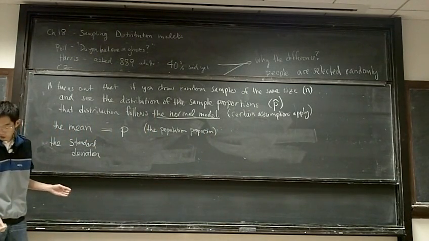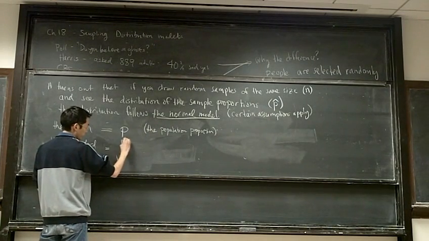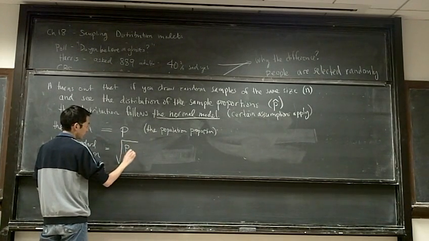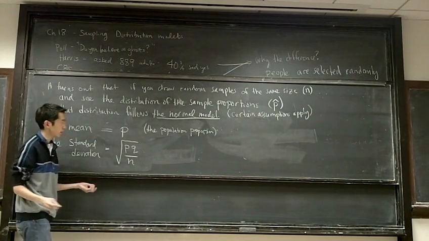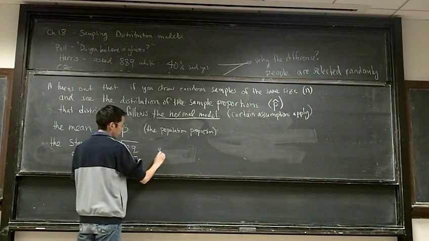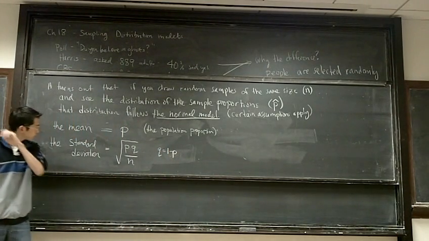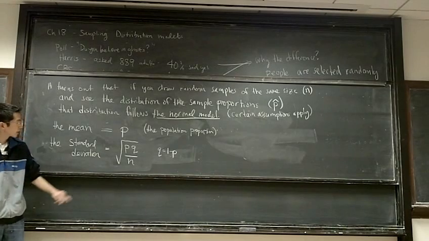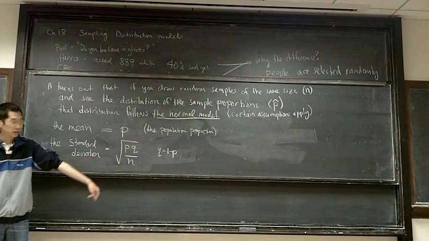And the standard deviation is the square root of p times q divided by n, where q is equal to 1 minus p, p is the population proportion and n is the sample size.